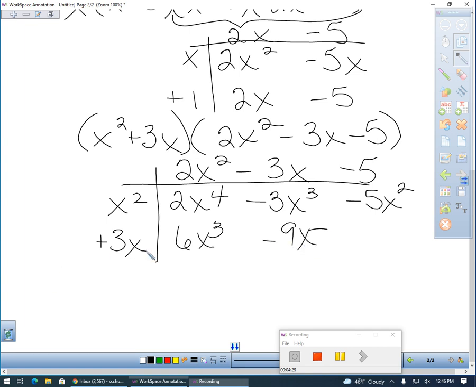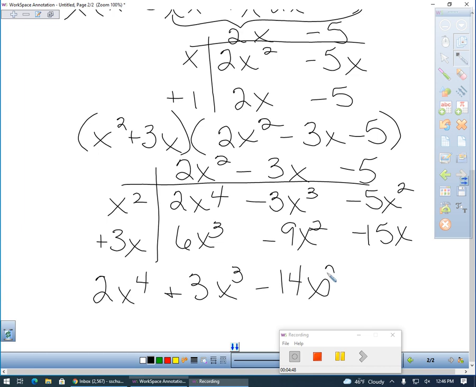And -5 times 3x is -15x. All right, so we end up with 2x to the 4th plus 3x to the 3rd minus 14x squared minus 15x. That's supposed to be squared there, lost that.